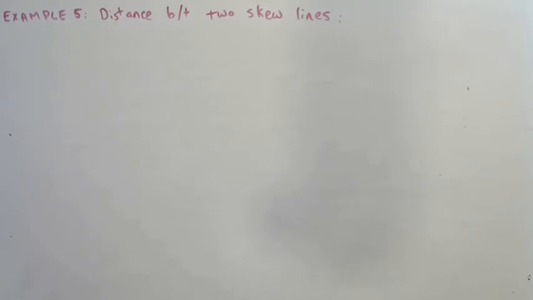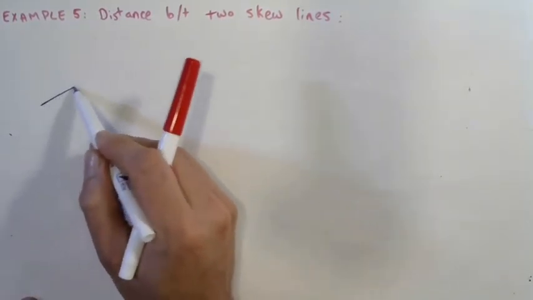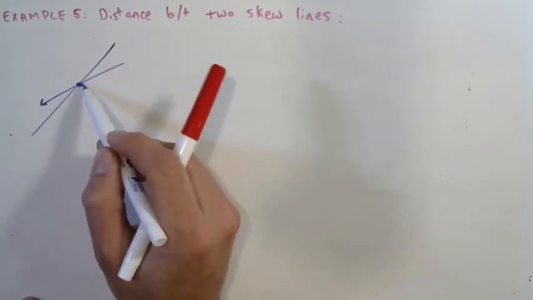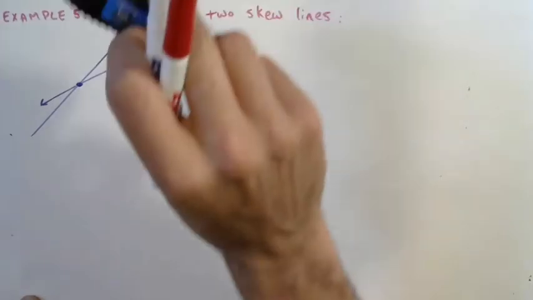Example 5 is an application of all of this. We're finding the distance between two skew lines. So in two-dimensional space, when we have two lines, finding the shortest distance in between them if they intersect, it's always going to be 0, right? Because they intersect.